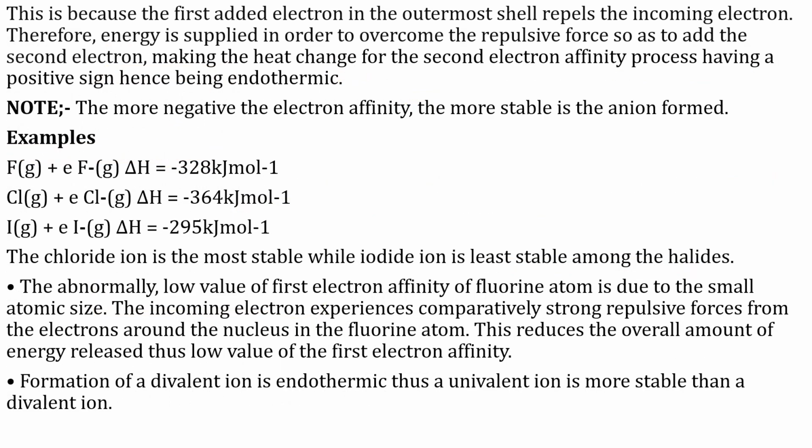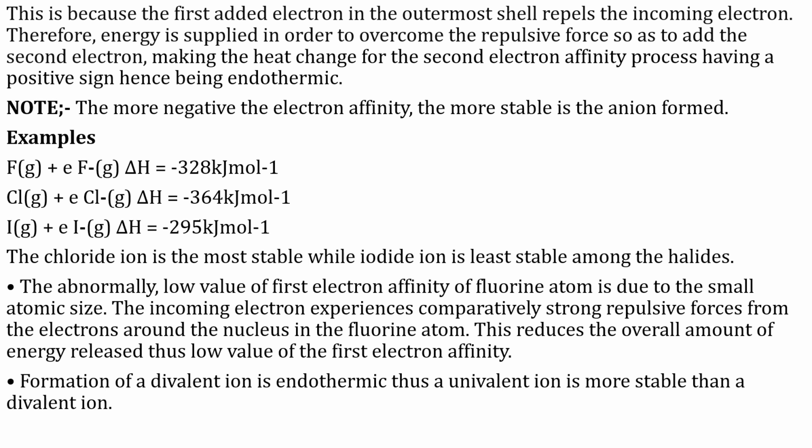Now we are saying that the first electron affinity of oxygen is negative, whereas the second electron affinity of oxygen is positive. What I want you to understand is that in the second electron affinity, we are adding an electron to an already charged ion. So we expect the electrons that are already there to strongly repel the incoming electron.